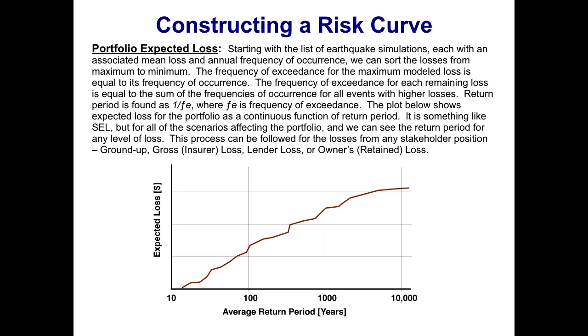The frequency of exceedance for each remaining loss is equal to the sum of the frequencies of occurrence for all events with higher losses. Return period is found as 1 over f sub e, where f sub e is the frequency of exceedance. The plot below shows expected loss for the portfolio then as a continuous function of return period.